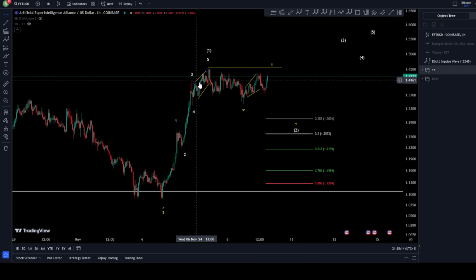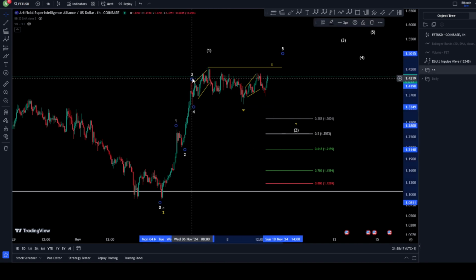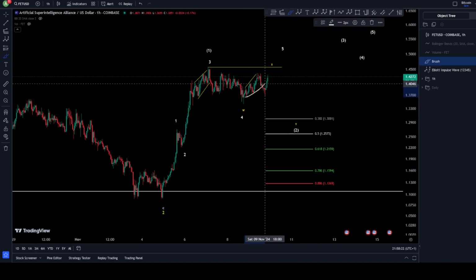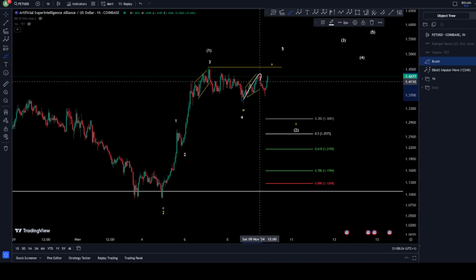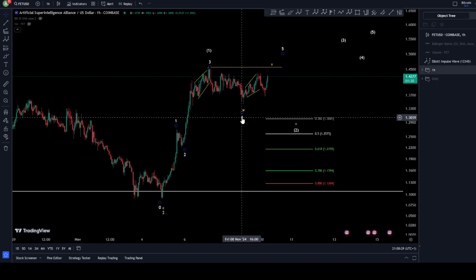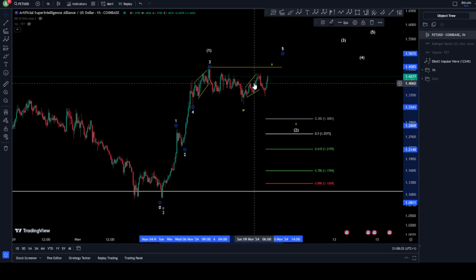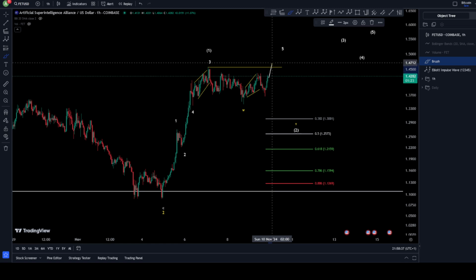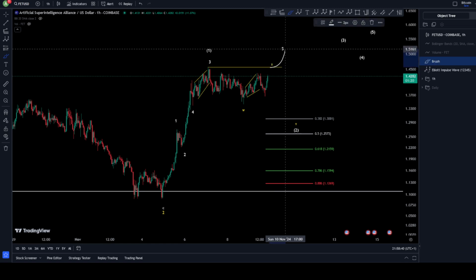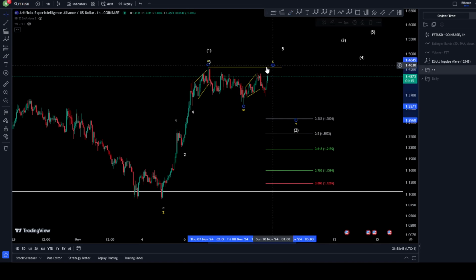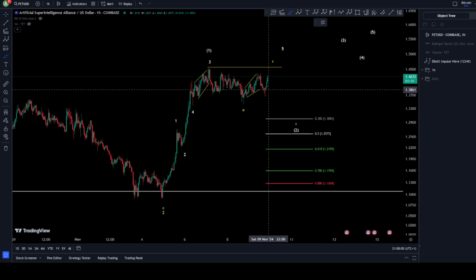Another possibility is that this is an extended wave 3 and this was your wave 4. However, if this is your wave 5, then this wave 1 is an expanding diagonal again, which gives a lower possibility. If we reach higher than the high here, this might be a confirmation of your wave 5, because the wave X cannot reach over this price action, and that means invalidation of WXY.